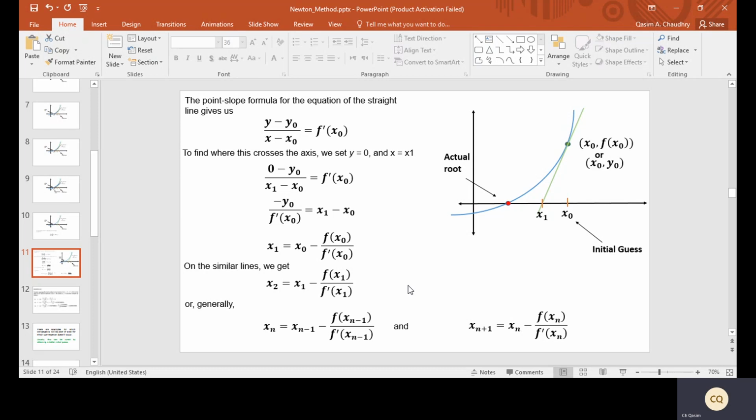And students, if you want to find out the general form of this formula, so what you can do is xn is equal to xn minus 1. देखें एक कम हो रही है वैल्यू. ये बेटा याद रखिएगा कि इधर नया पॉइंट है तो इधर सारे उससे पिछले पॉइंट है. तो xn minus 1 minus f of xn minus 1 over f prime xn minus 1, and xn plus 1 is the next value: xn plus 1 is equal to xn minus f of xn divided by f prime of xn.